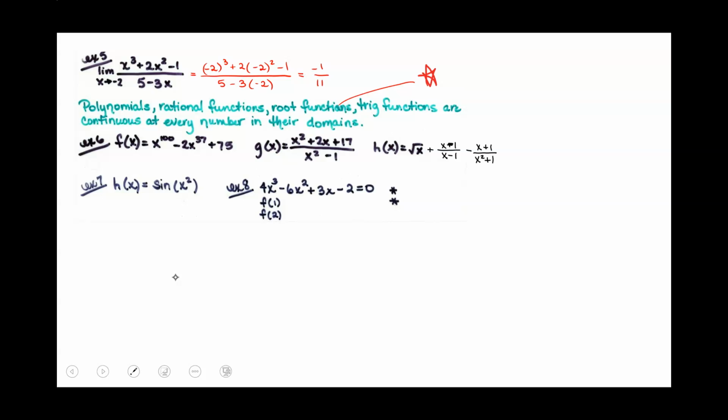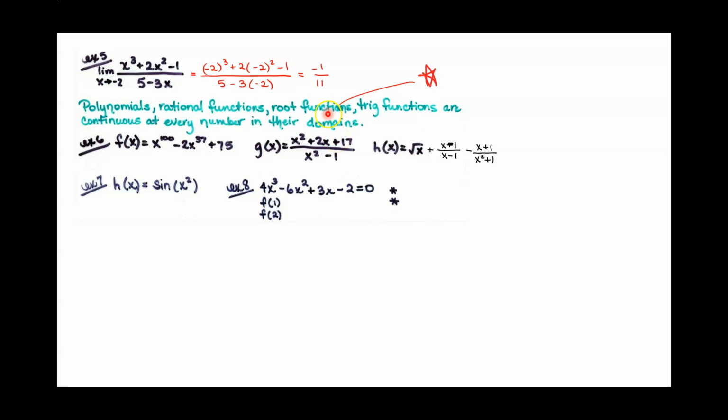Now, we've learned previously that polynomial functions, rational functions, and root functions are well behaved within their domain. And in this section, we've learned that well behaved and continuous are the same thing. So you'll notice now they're telling us that polynomials, rational functions, and root functions are continuous for the values that are in their domain.